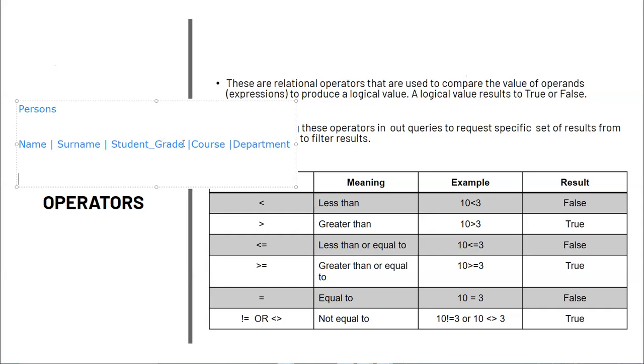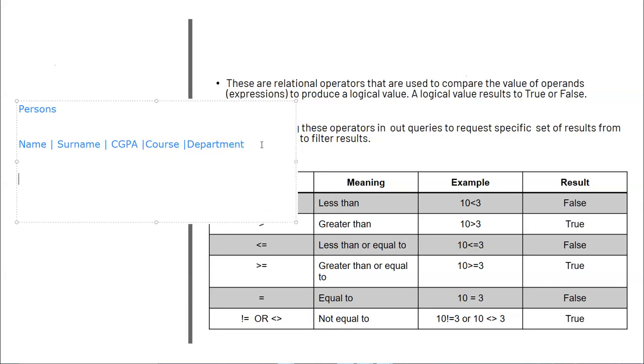Let me just write this as CGPA so that it makes more sense. So in this case, we want all students who have a CGPA that is more than 3.0. Understand? And they are studying computer science.